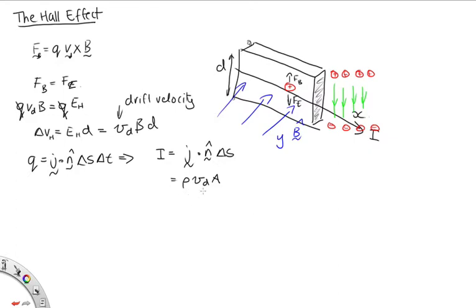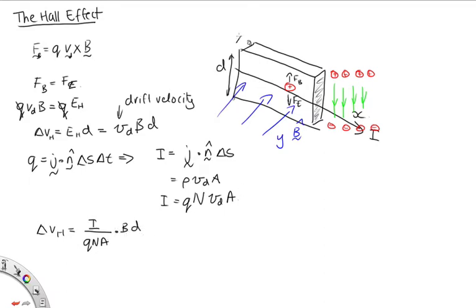And finally, we can write this charge density as the size of each charge times the number of charge carriers per unit volume, so I equals QnVdA. Let's substitute that in for Vd here. So we have that our Hall voltage is equal to I over QnA times Bd.